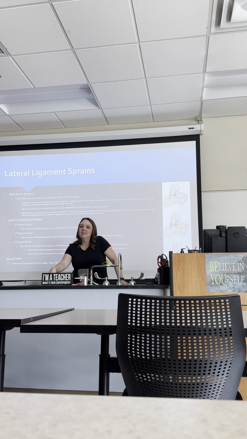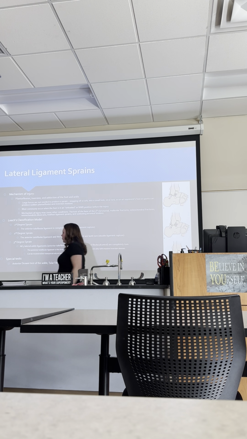Anterior talofibular. So anterior talofibular is over here, right? You got your fibula. This is my drawing skills. You got your calcaneus, right? That's your talus within there. So you got anterior talofibular going to the talus, to that calcaneus.